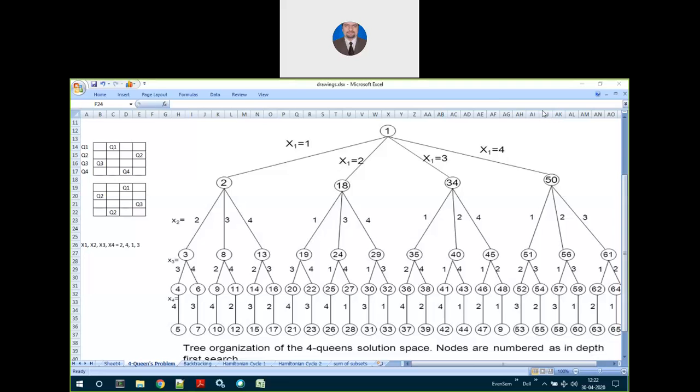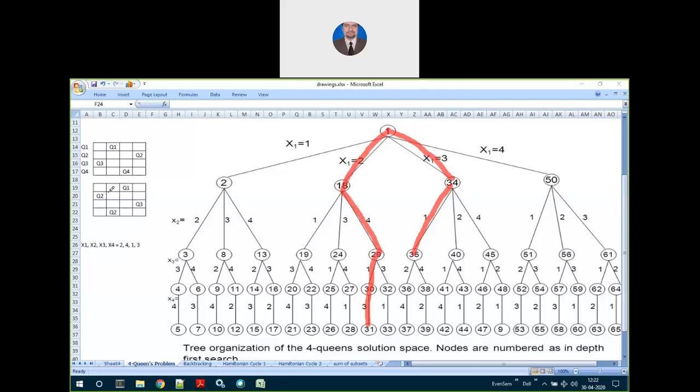Okay, 1 second. Okay, the first one was what? First one was this way. Second one is x1 is 3, so x1 is 3. Then x2 is 1, so x2 is 1.